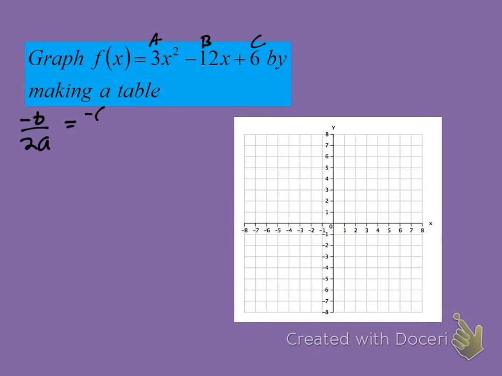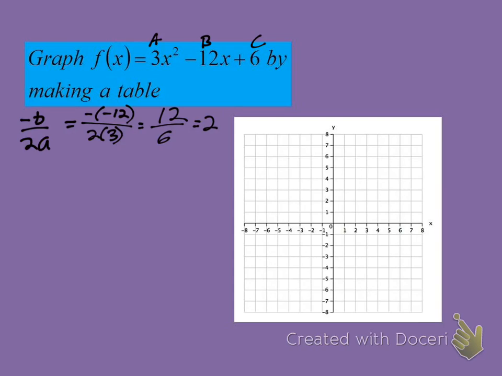So negative b is negative 12, divided by 2 times a, which is 3. Clean it up from there. So you have negative times negative 12, so that becomes just 12. 3 times 2 gives you 6. 12 over 6 gives you 2.